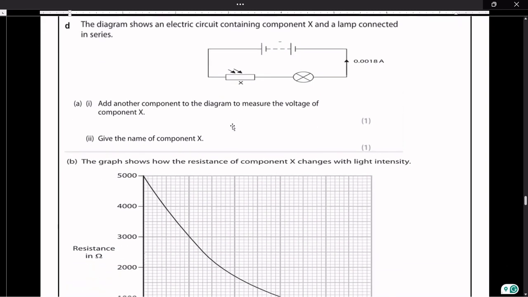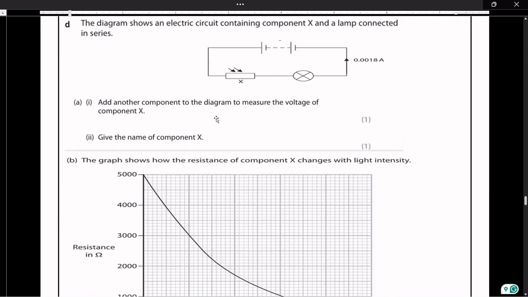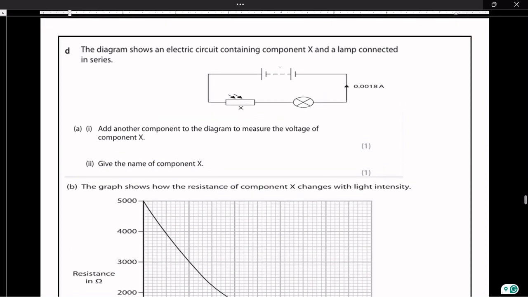Now, the next one is: add another component to the diagram to measure the voltage of component X. We don't know what component X is, but to measure the voltage, we have to connect a voltmeter.